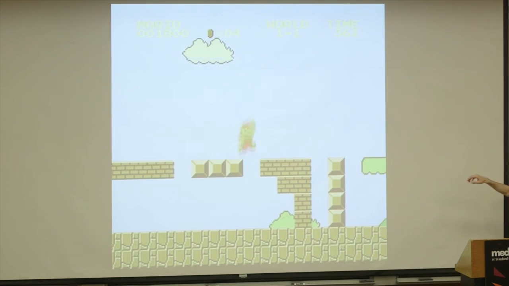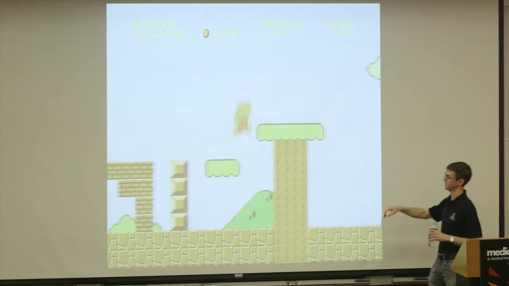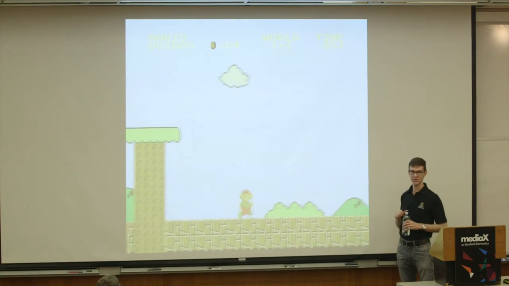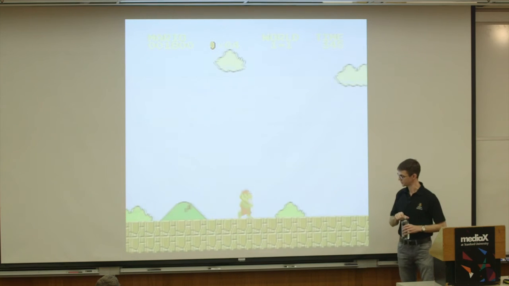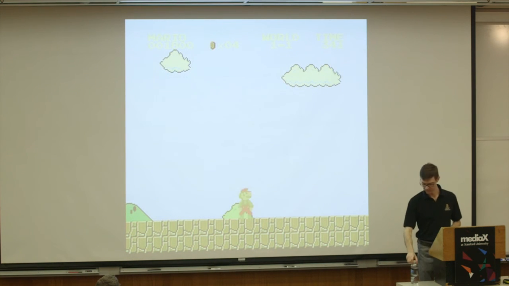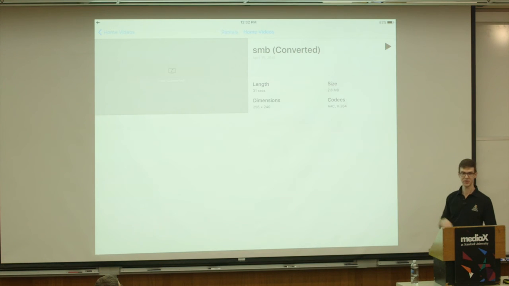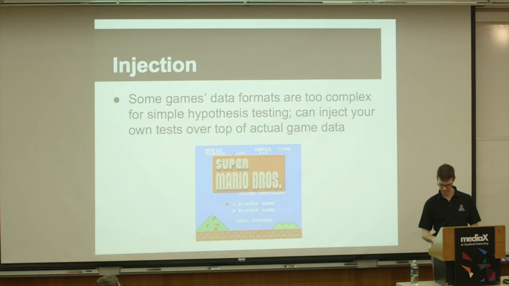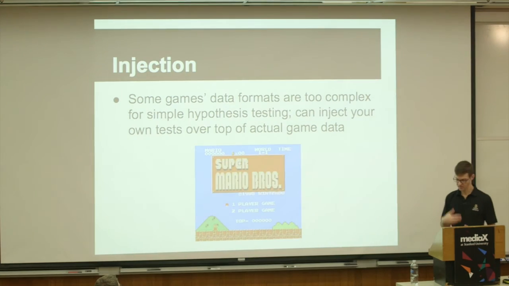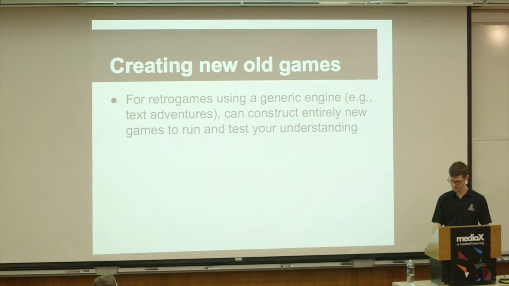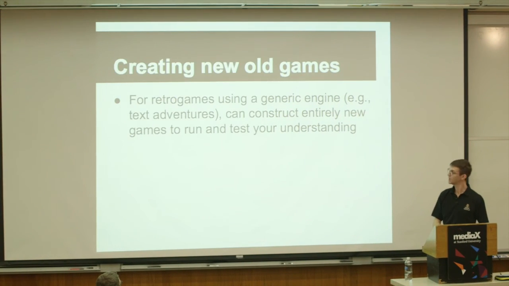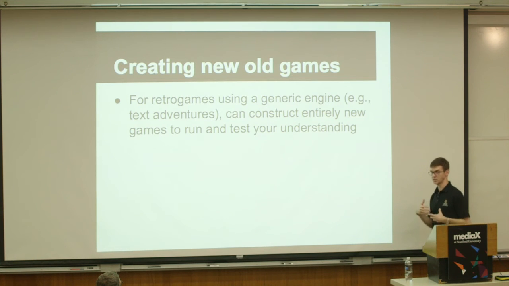What this was, was a test to help me figure out how all the elements in game levels were encoded. And I cleverly forgot to put the flag at the end, so this would actually go on forever. So you can inject into old games.